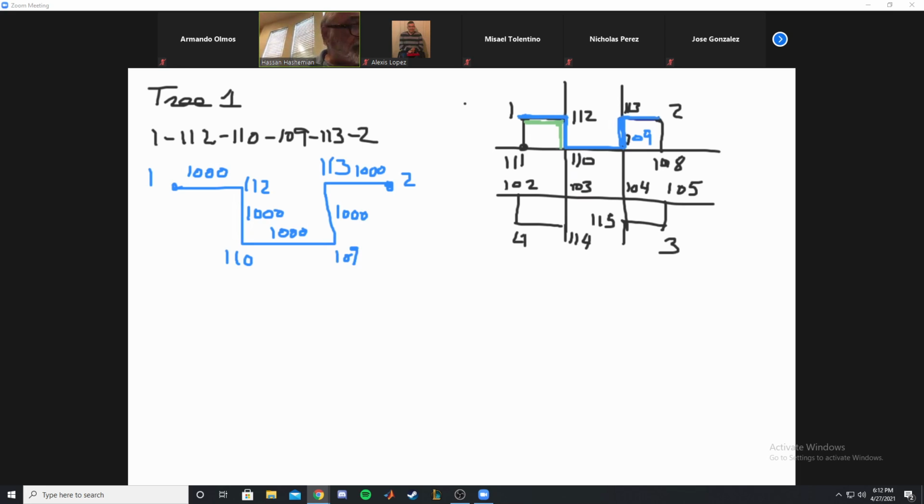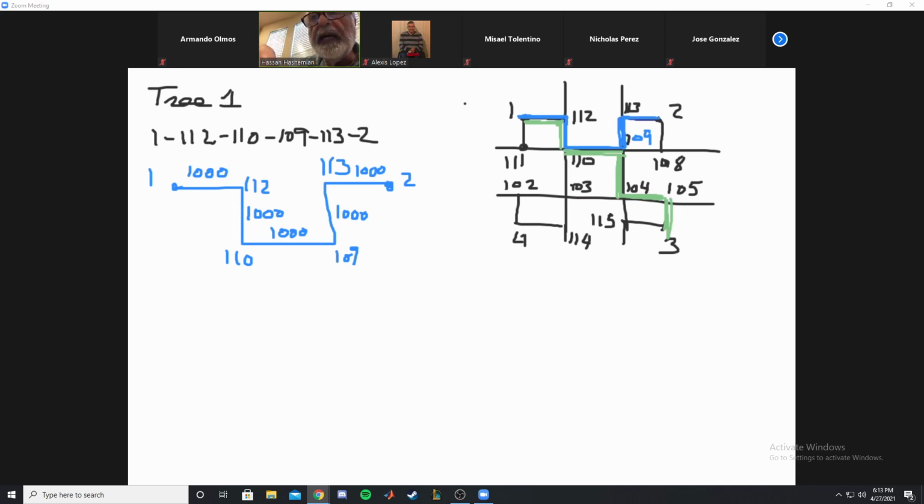And then they say go to 109, so you go to 109, which is here. From 109, you go to 104, so you come down here. And then you go to 105, and then you get to 3. So this is the minimum travel time path from 1 to 3.